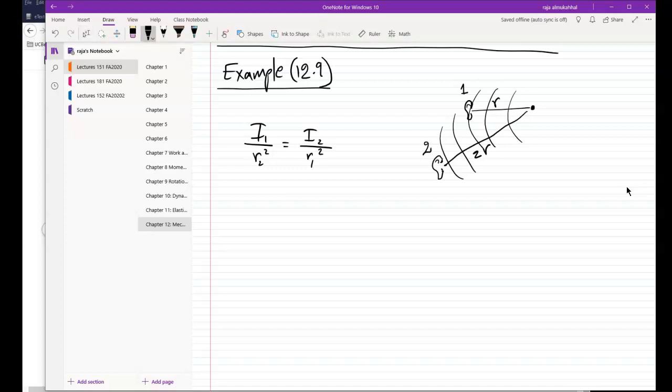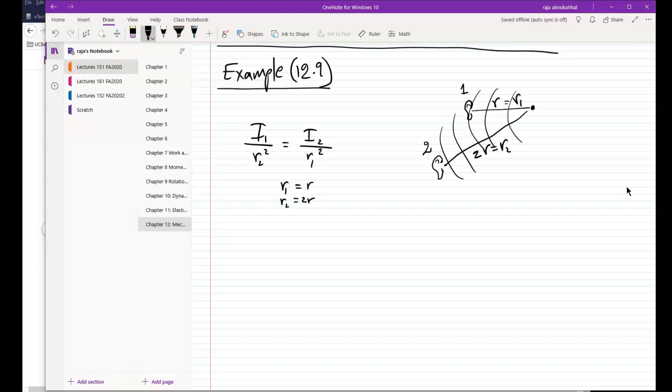So how do we do it? Let me call this R1 and this R2. In this case R1 is equal to R, and R2 is equal to 2R. I'm going to plug those in.